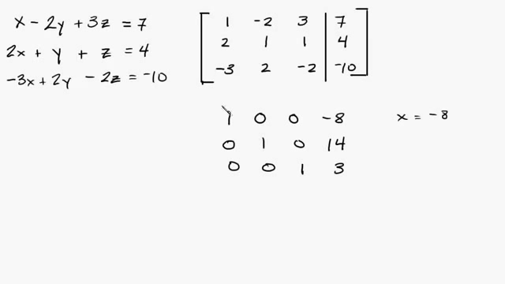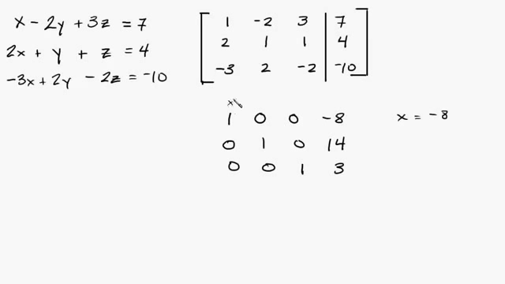What you want to do is you want all this here to end up looking like this, with a 1 here diagonally. Okay, 1, 1, 1. You want the 1's to be diagonal, and you want everything else to be zeros. What you're doing is eliminating the coefficients here. Well, all you're left with here is 1x, so this would be x is equal to, in this case here, negative 8.